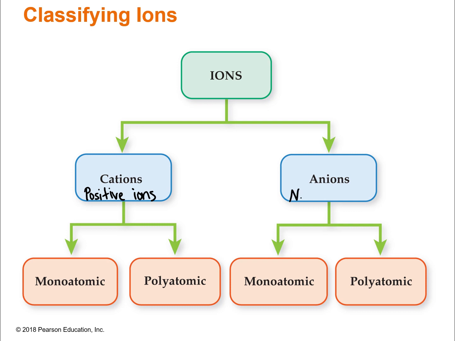Anions are negative ions. Both of these groups can be broken up into monoatomic and polyatomic ions. All that means is one atom for monoatomic, or many.